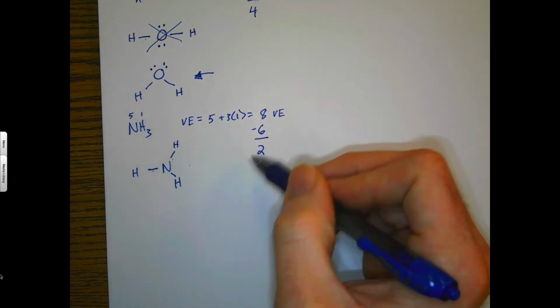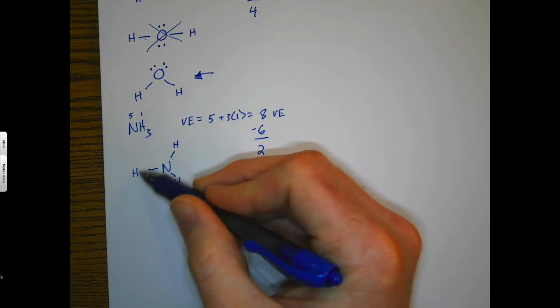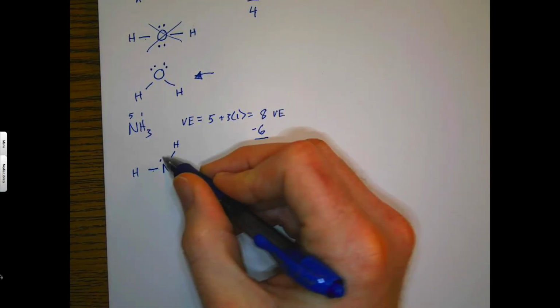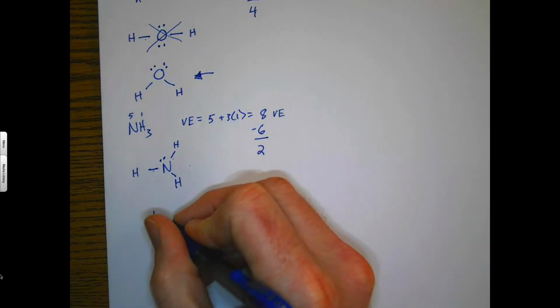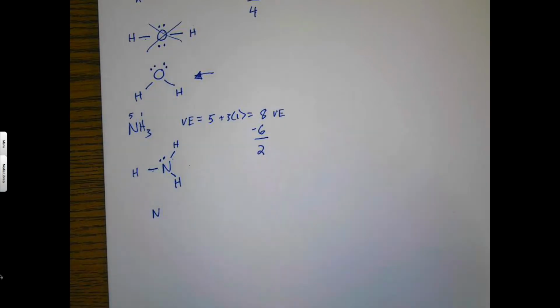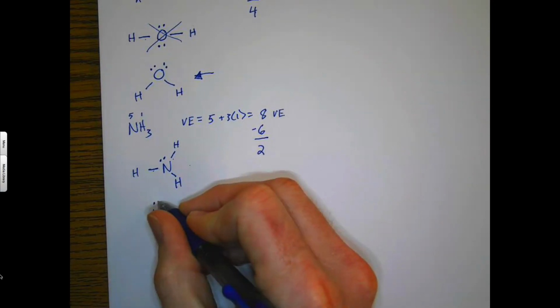Now we're going to place electrons on the outside. However, we can't do that anymore because now we need to place electrons here. So that is what the shape will look like. Again, we want to make the shape look a little bit better.